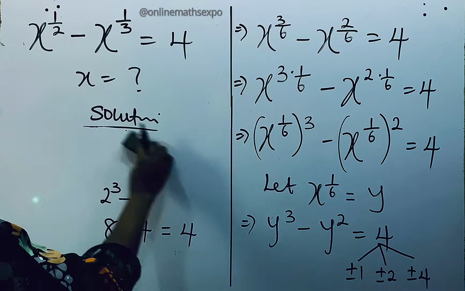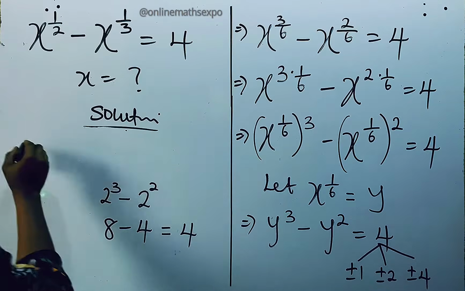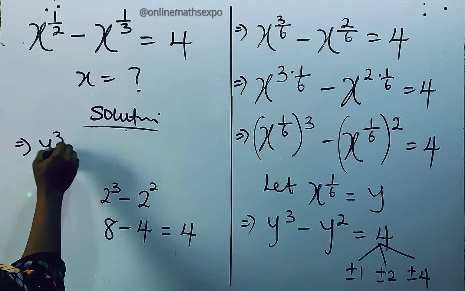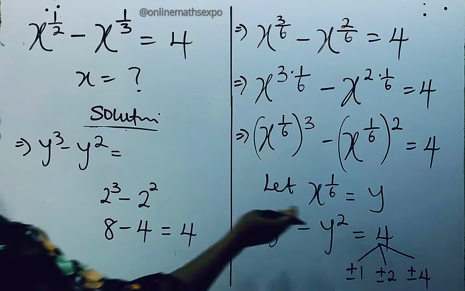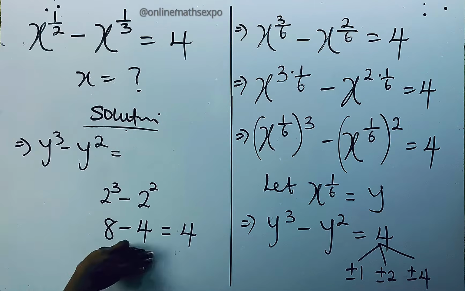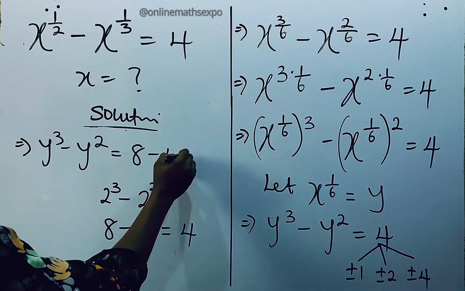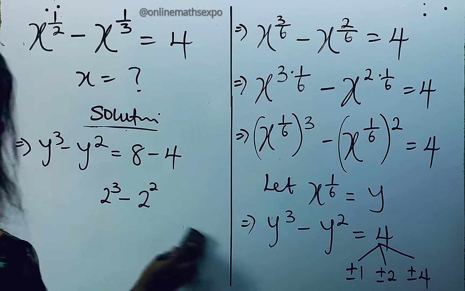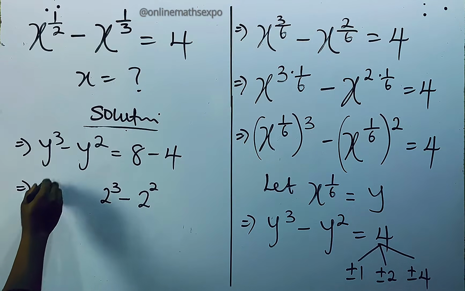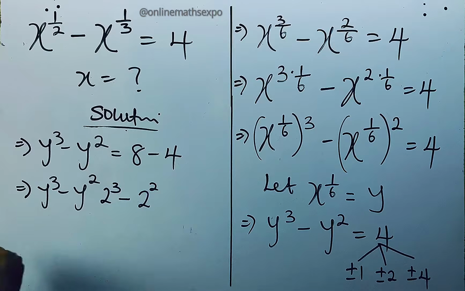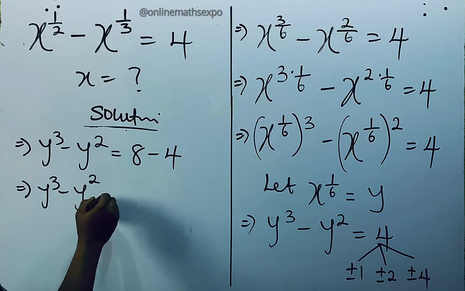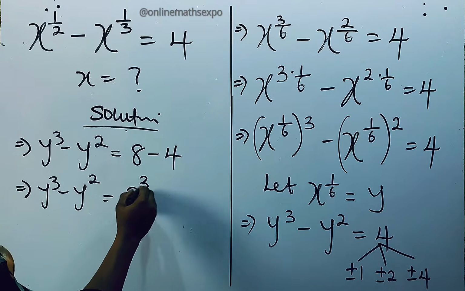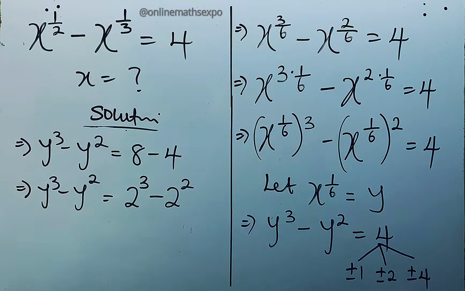In that case, we now have y cubed minus y squared. For this 4, we are going to replace it with what we have as 8 minus 4. So we keep simplifying. We have y cubed minus y squared. Remember this is the same as 2 cubed minus 2 squared.